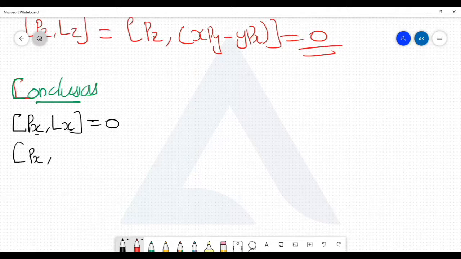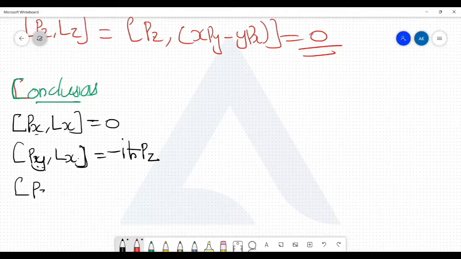Py with the Lx. So that should be something iħ cross the missing term in y, that is pz. Order YX, not cyclic, therefore minus. Now pz with the Lx.